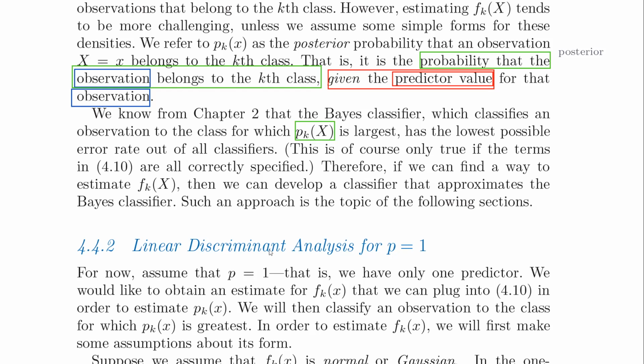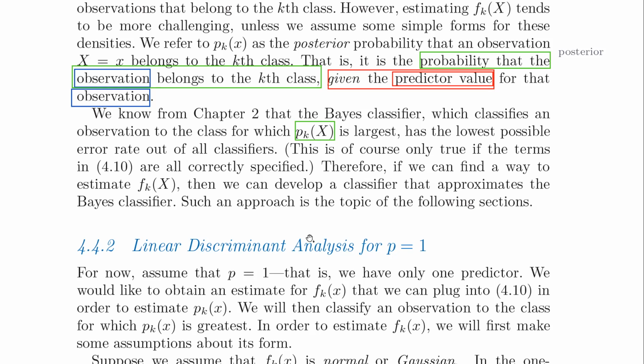We know from chapter 2 that the Bayes classifier, which classifies an observation to the class for which pk of x is largest, has the lowest possible error rate out of all classifiers.